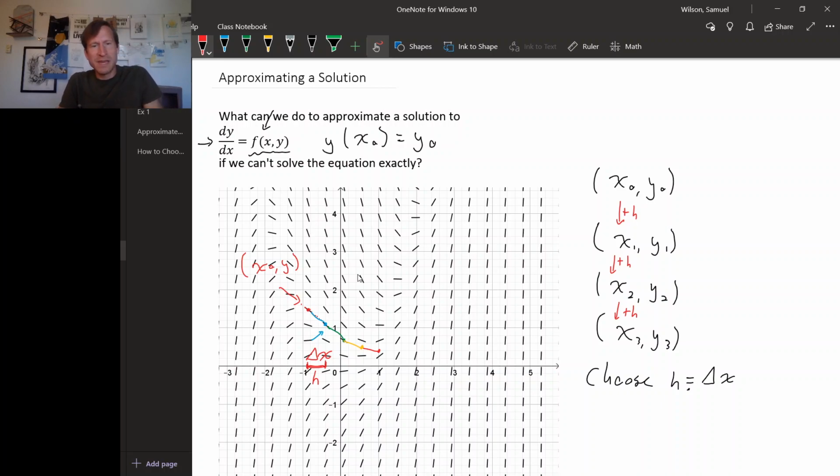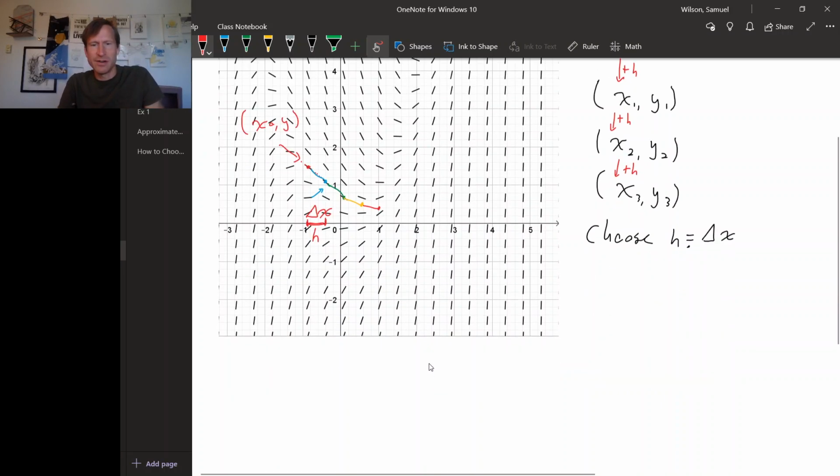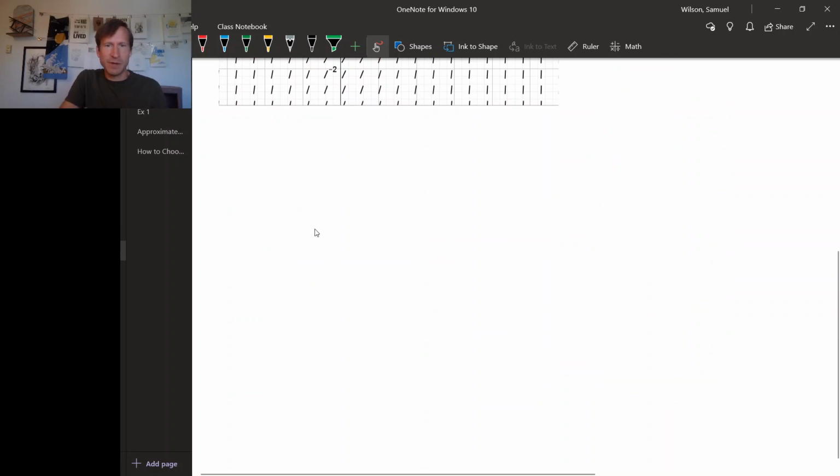So let's zoom in on one of these points here. So we have some point. This is, say, x sub n comma y sub n. We're imagining that we've gone through this process of generating new points several times, and so we're at point number n. And there's some little line element here.